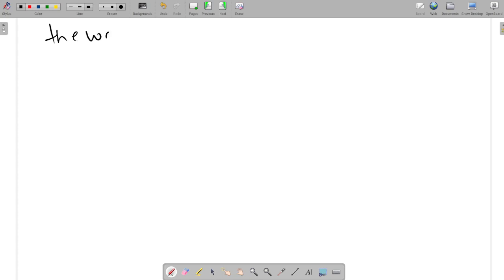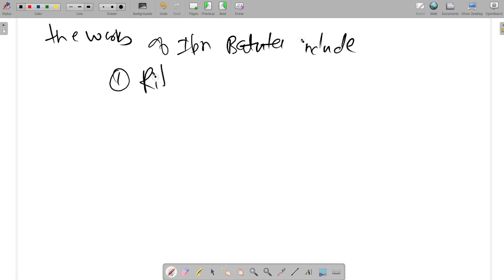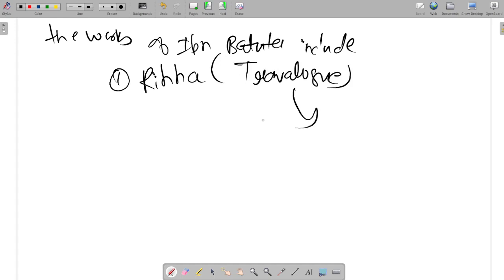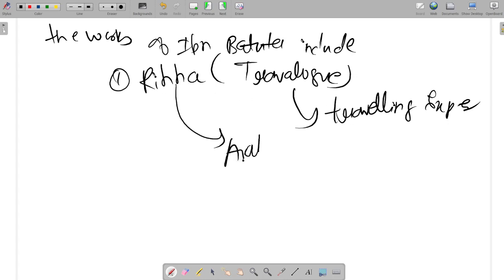The works of Ibn Battuta include the Rihla, that is a travelogue. Details about traveling experiences are shown here. This too was written in the Arabic language.